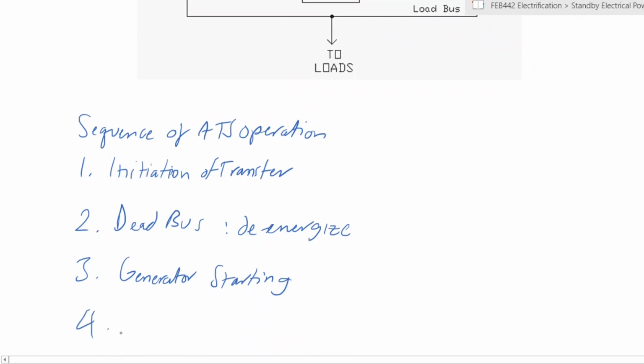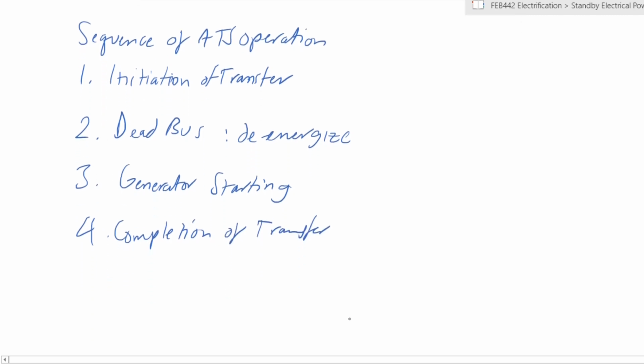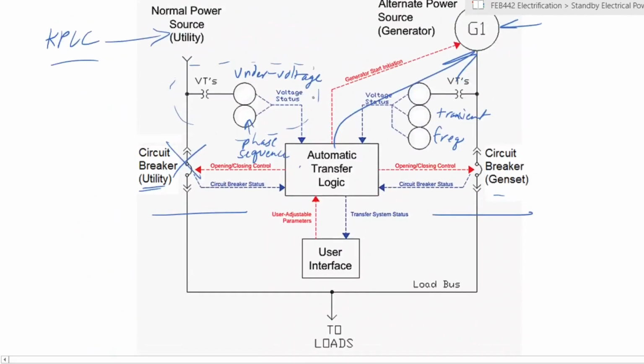In which case you go to the fourth step, which is completion of transfer. During the completion of transfer, standby power is now available at this point. So you now have voltage that is ready to be supplied. Completion of the transfer means that you close the circuit breaker that connects the circuit of the loads to the generators.